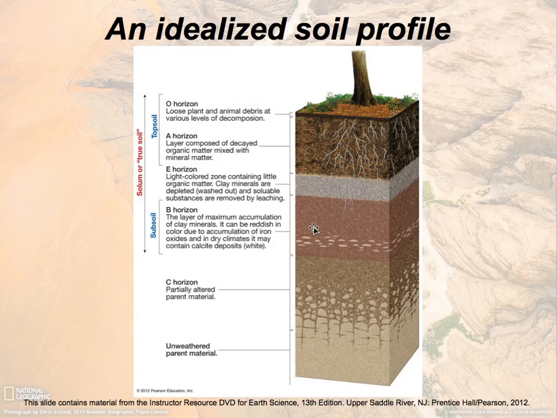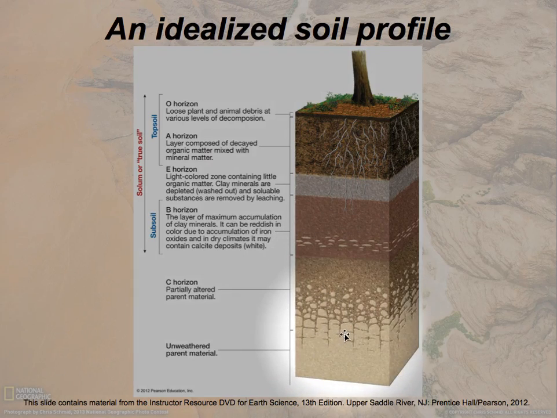Typically carbonate rich. And then down into the C horizon, you're going to have partially weathered parent material, which is usually mechanically and chemically weathered bedrock, and moving further on down you get to the rock, the mineral component of a soil.